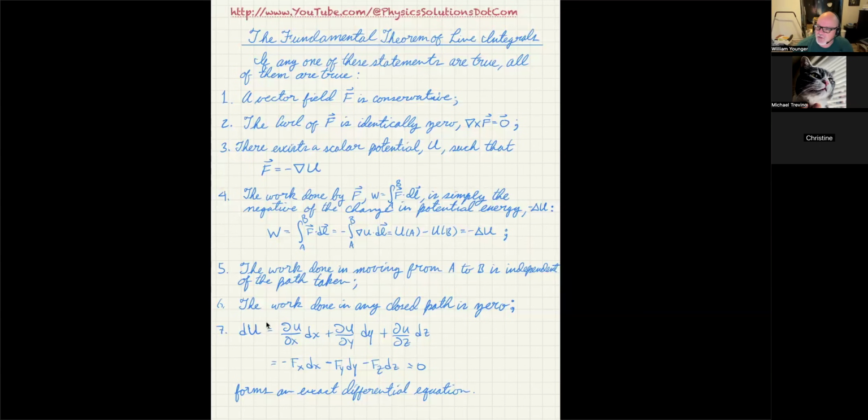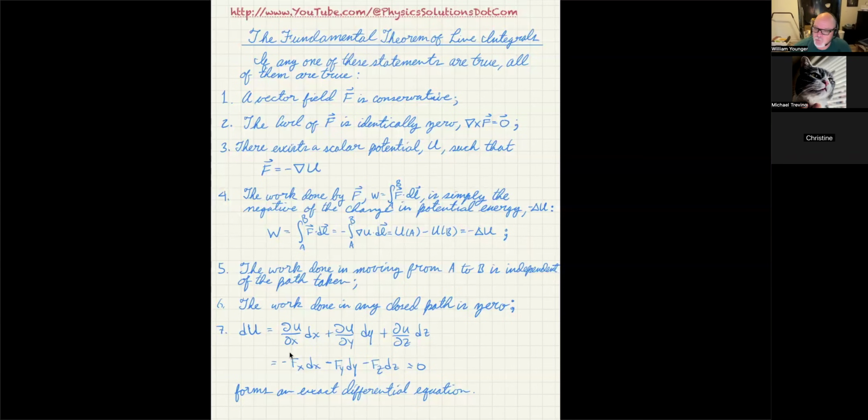If you try to calculate the differential change in the scalar potential u, the method that we learn in Calc 3 is the partial of u, because u is a function of x, y, and z, for instance, in Cartesian coordinates.